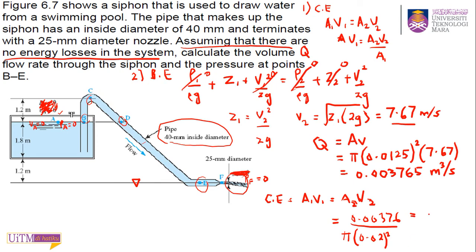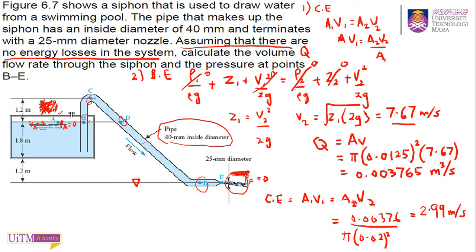What is the value of V? How much do you get? 2.992, 2.99 meter per second.